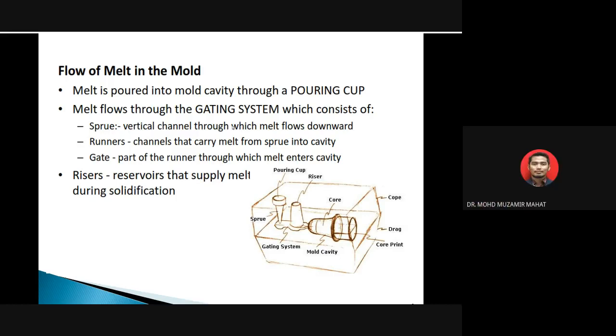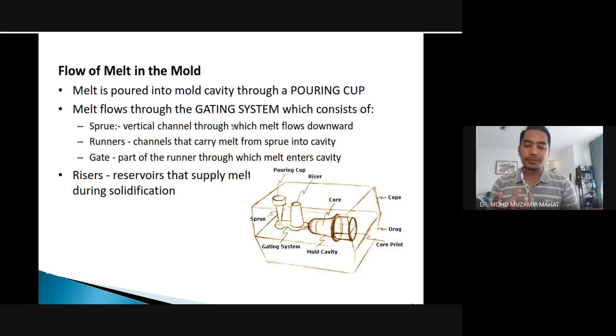It allows the molten metal to go through. Number two, we have runners. Runners are channels that carry melt from the sprue into the cavity. The cavity is the real space in the mold material. The gate is the part of the runner through which the melt enters the cavity.